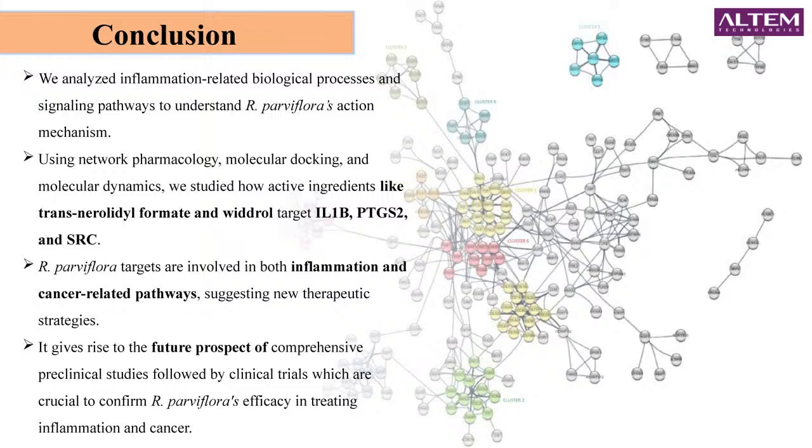So with this, we come to the conclusion of this work. This study elucidates the anti-inflammatory and anti-cancer mechanism of Rungia pectinata, identifying key bioactive compounds and their molecular targets.